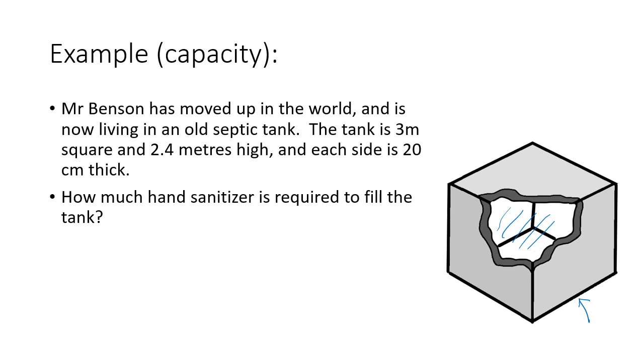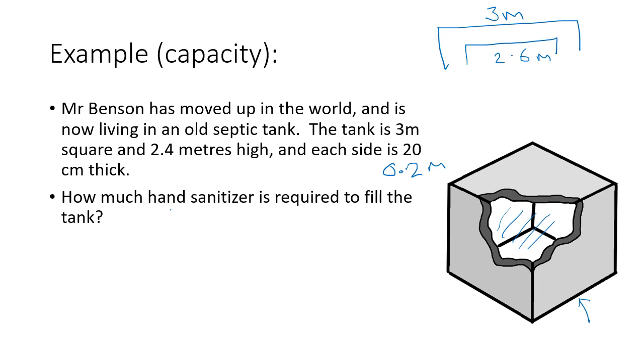What you've got to be careful with in questions like this is just remembering that the dimensions are going to change, because we've got a 20 centimeter or 0.2 meter thickness. So that's 0.2 meters is the thickness of the sides. So that means that if our external width was 3 meters, our internal width would be reduced down to 2.6 meters, because we're taking off 0.2 meters on each side.